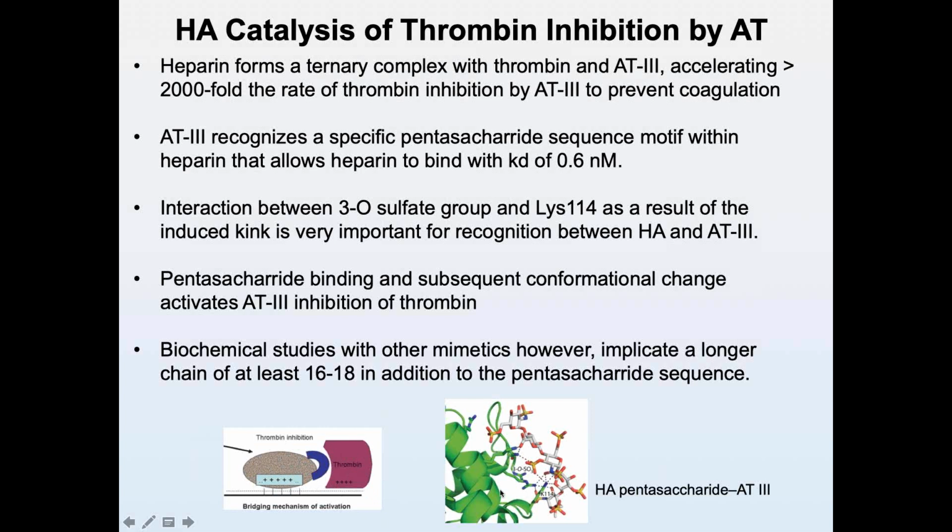As we've seen previously, this 3-O sulfate group is very important for the interaction of the pentasaccharide. So we need this to bind to the antithrombin in order to make it active to bind to the thrombin.